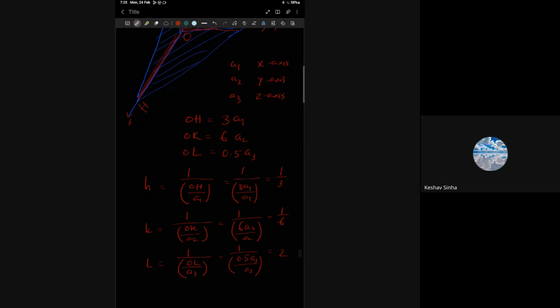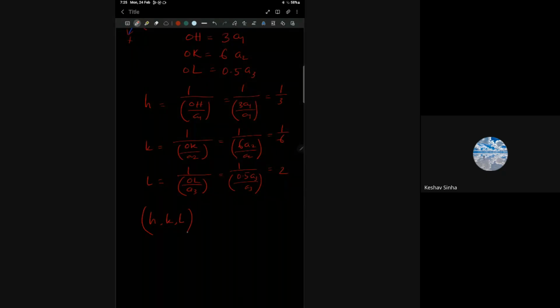Now HKL would be equal to what? 1 by 3, 1 by 6, 2. But we do not write HKL in terms of fractions. So what exactly will we do? We take the common denominator: this is 2 by 6, this is 1 by 6, and this is 12 by 6.